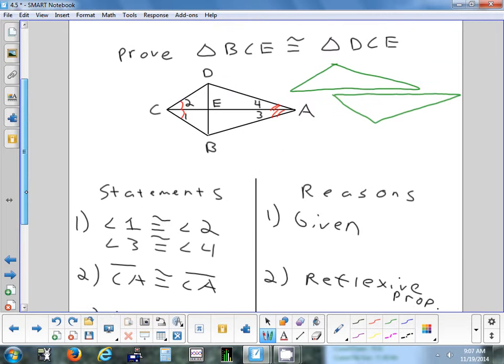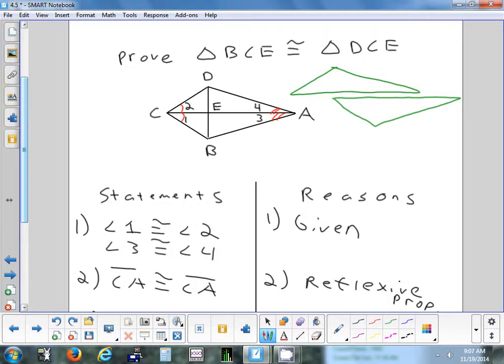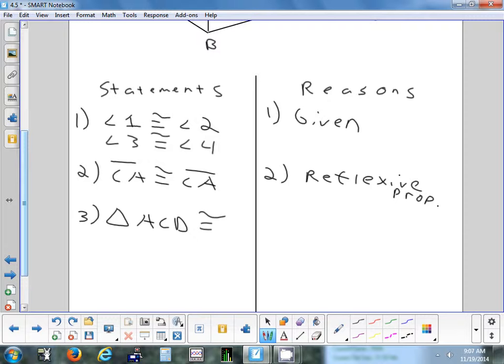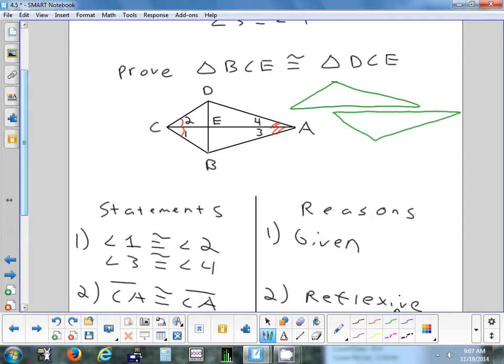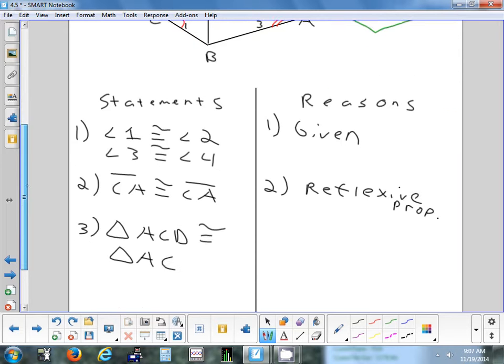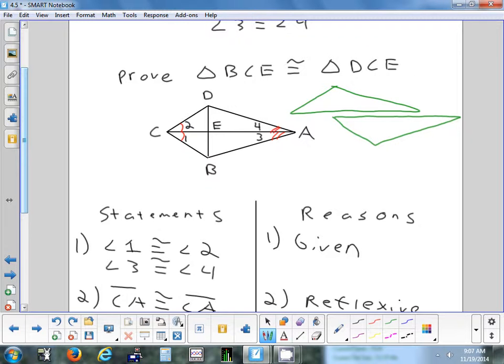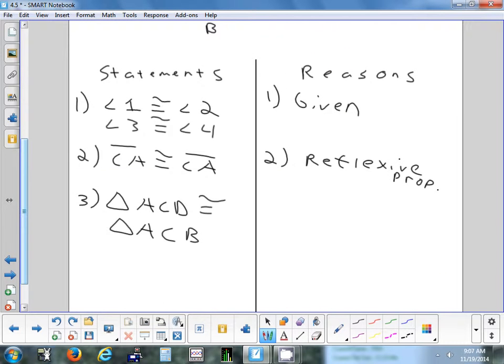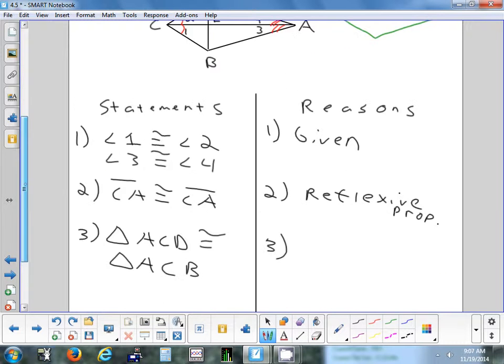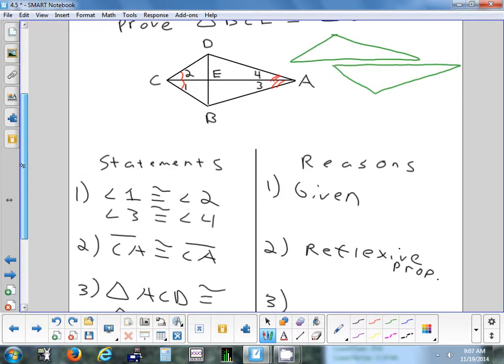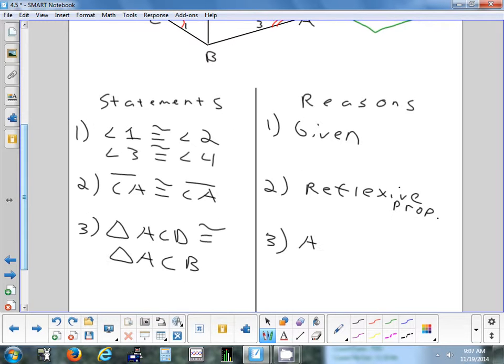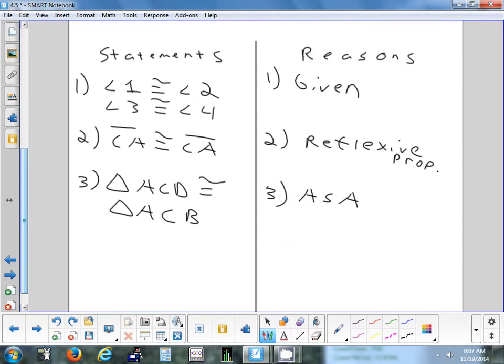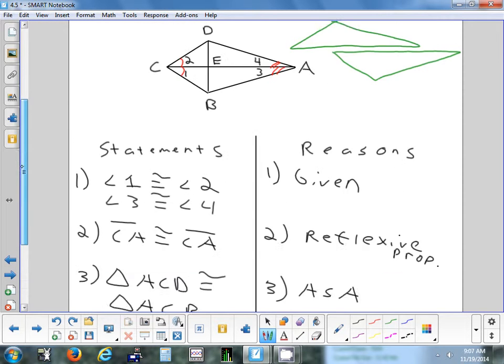Well, we started at A, so you start at the double at the bottom. Yep, triangle A, then we went to the single, and then D was the one at the top that had no mark. B is the one at the bottom with no mark. And what's my reason for that? That's angle side angle.